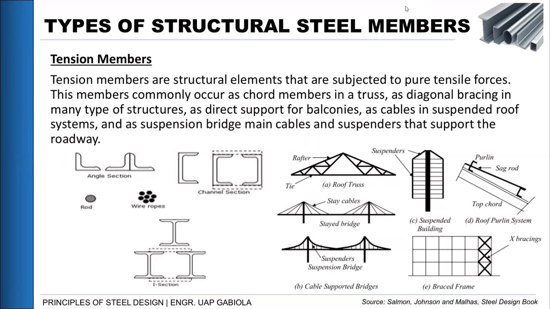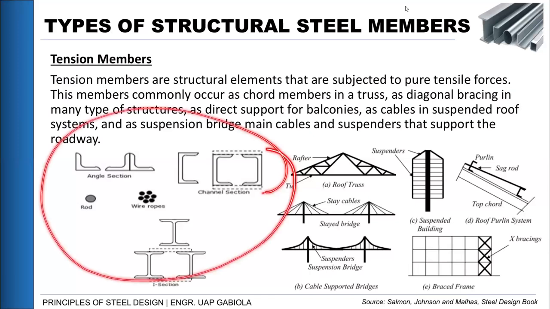Okay, so the tendency of the member is to elongate. That is why these tension members are usually observed in trusses and stay cables and suspenders sa suspension bridges natin or as sag rods or as bracings in our framing. Okay? Kaya yung mga common shapes na ginagamit sa kanya are these shapes. Okay?